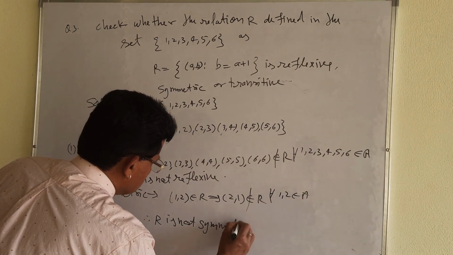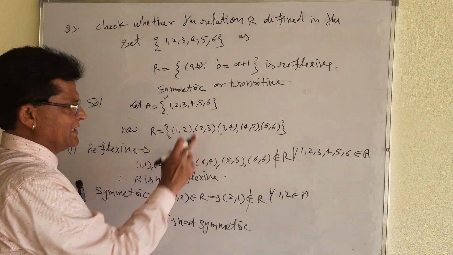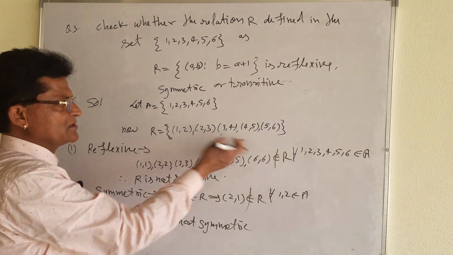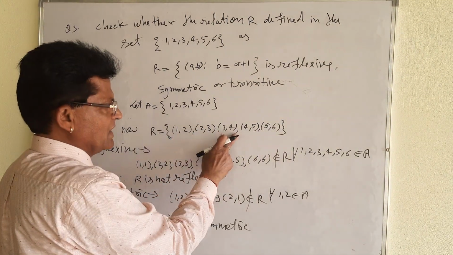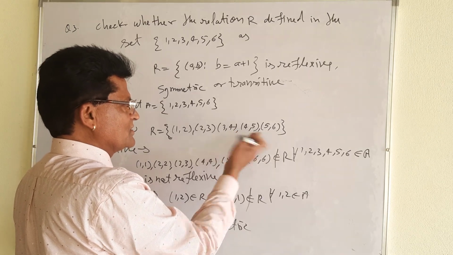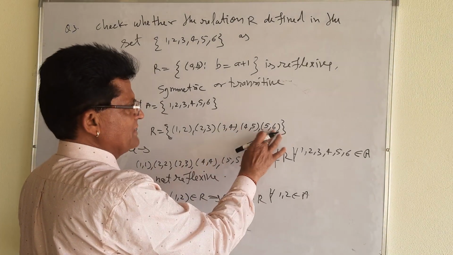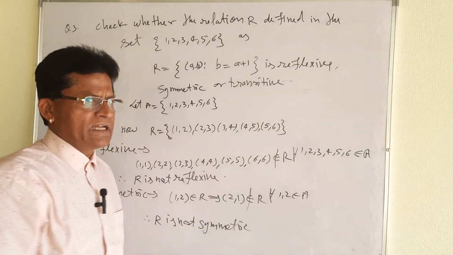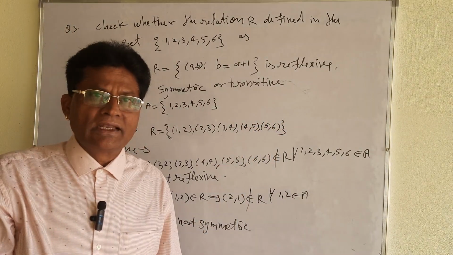R is not symmetric. If you want to prove more, (2,3) belongs to R, but (3,2) is not here. (3,4) belongs to R, (4,3) is not there. (4,5) belongs to R, (5,4) is not there. (5,6) is here, (6,5) is not there. That is why it is not symmetric at all.